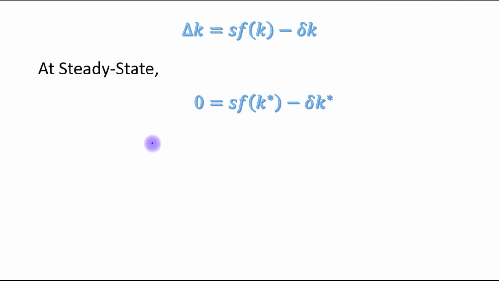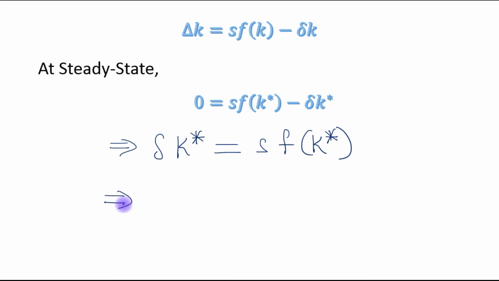In the next step, we can write delta K star equals s F(K star).